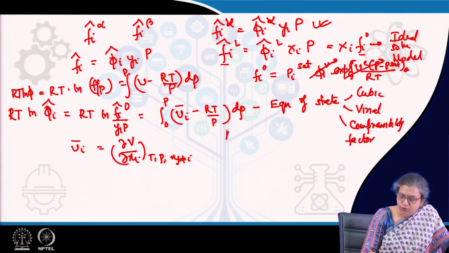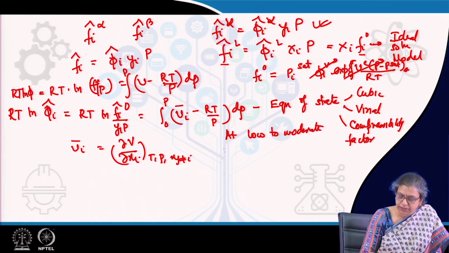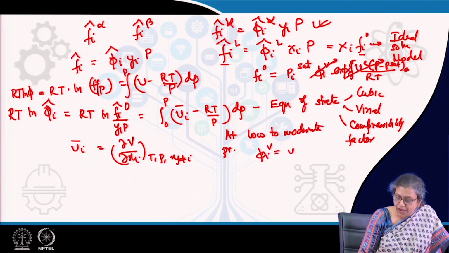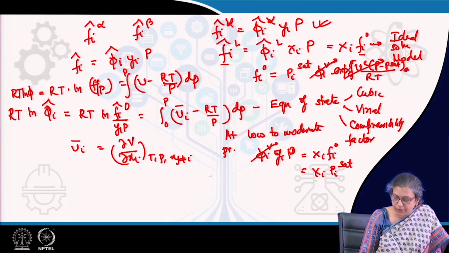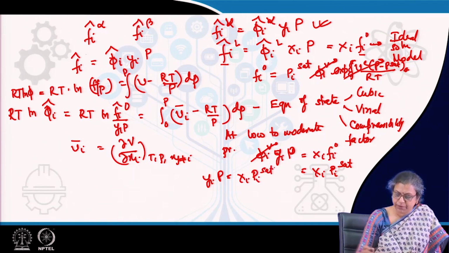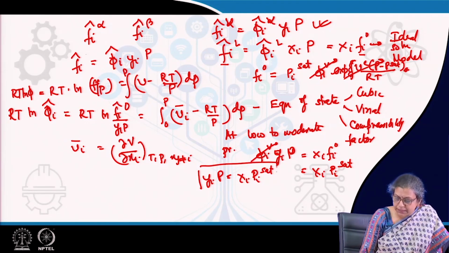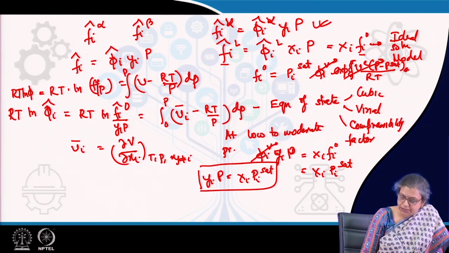So, at low to moderate pressure, for a vapor liquid equilibrium, phi_i V into y_i into P is equal to x_i f_i0, or in other words, this becomes x_i P_i saturated, and this also becomes equal to 1. So, therefore, we get Raoult's law at low to moderate pressures.